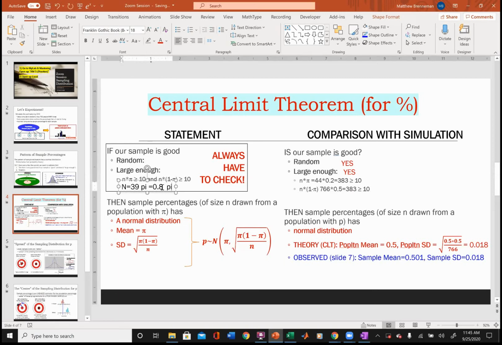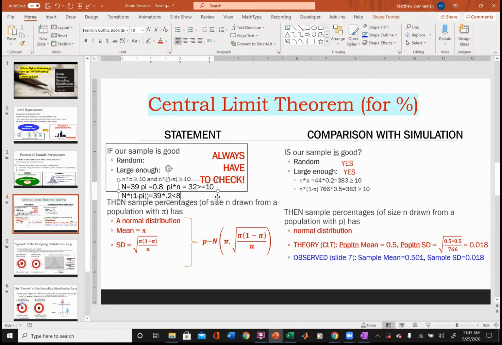It's a little bit less than 32, so this is greater than or equal to 10. However, if we check the other condition, n times 1 minus pi, it's not satisfied. 39 times 0.2 is a little less than 8, so this is less than 8, which is not greater than or equal to 10.